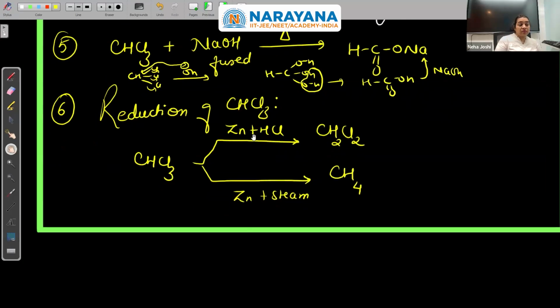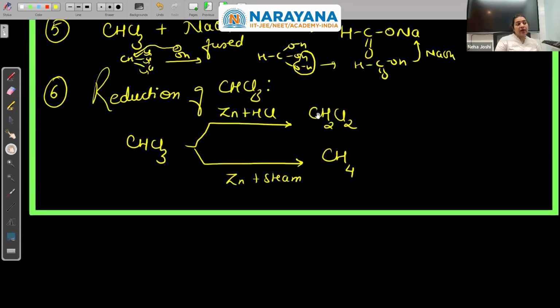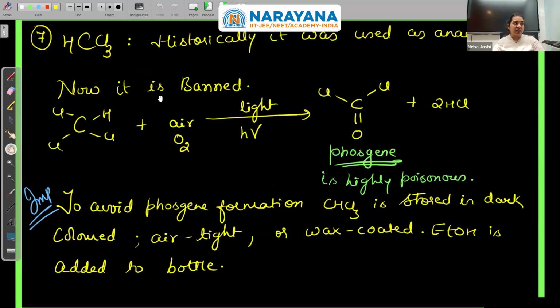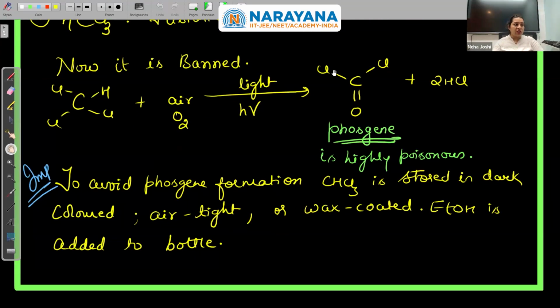Reduction of chloroform. See, with zinc and HCl, I'm not getting methane directly. You will get CH2Cl2, but with zinc and steam, we get methane. This is the reduction. Historically, it was used as an anesthetic, but it is now banned. Why? Due to the formation of poisonous phosgene.